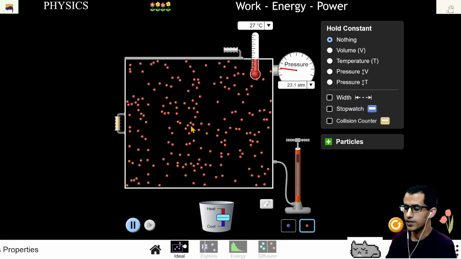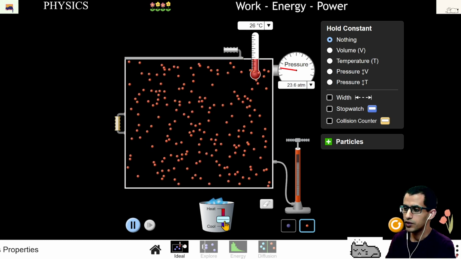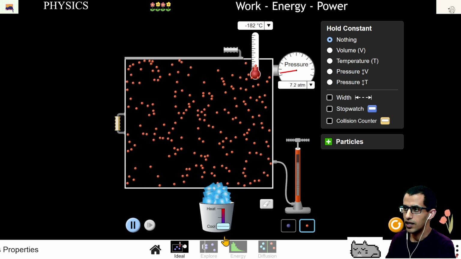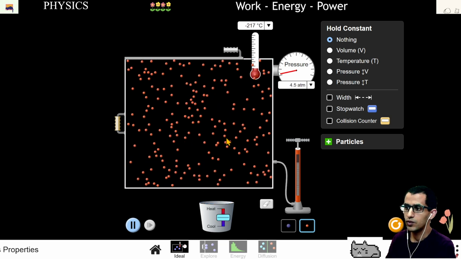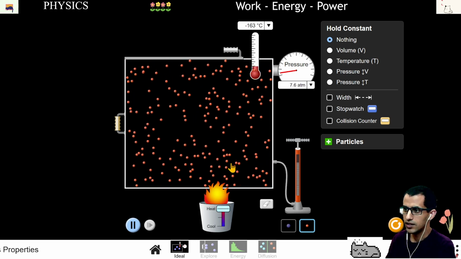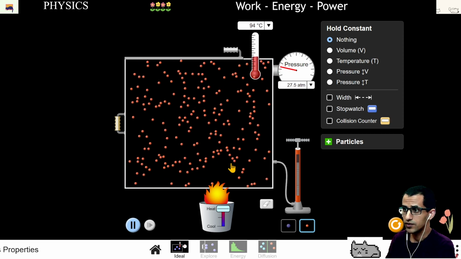But on a macroscopic scale, we interpret that as thermal energy. So if I were to remove thermal energy from this sample of gas, I would notice that the particles would be moving slower. If I add thermal energy to the gas, I should notice that the particles are moving faster and faster.